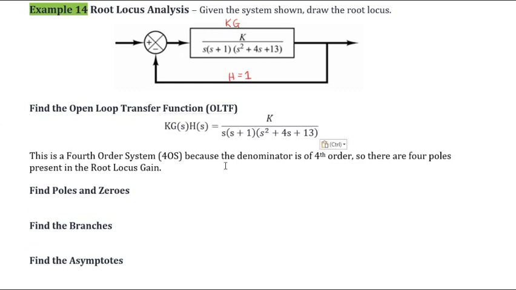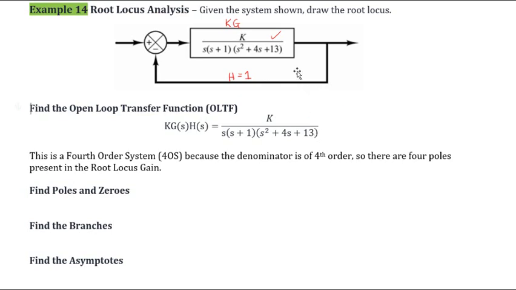Notice that the only thing that's different from the block is that we haven't included the H in the block. In this case H is equal to 1, so there's an understood H here, but I don't want you to get the impression that KGH is simply the forward path. It includes the forward path as well as the loop.